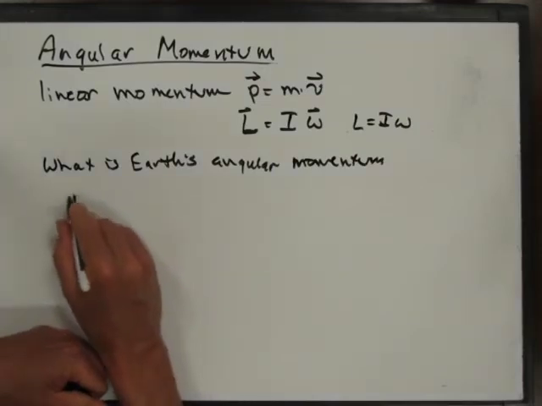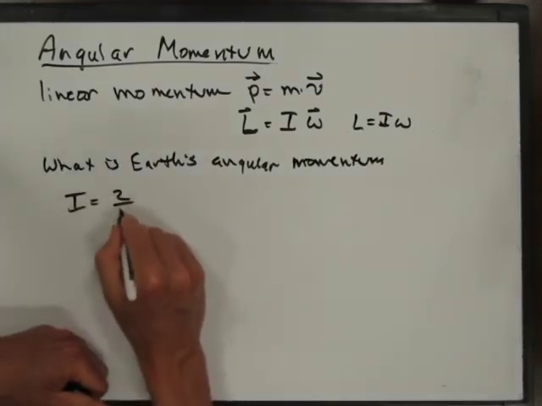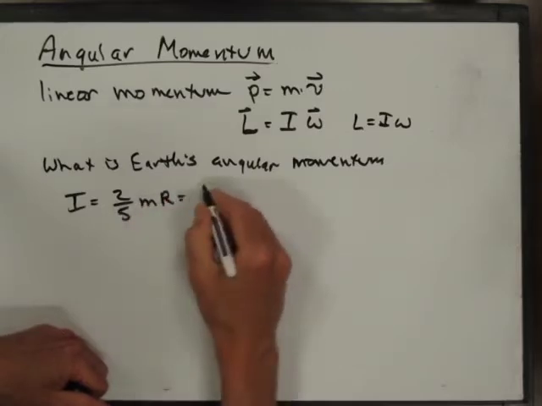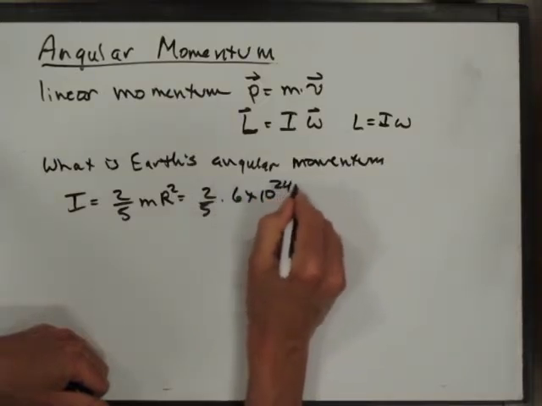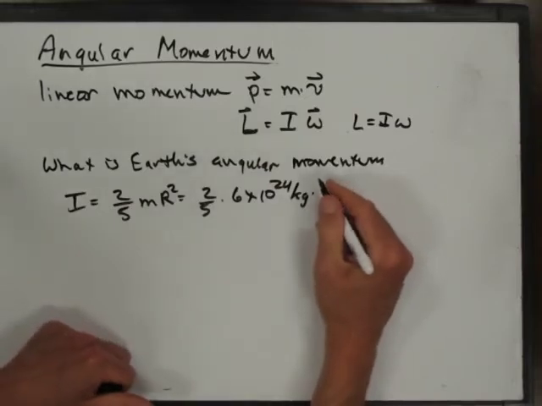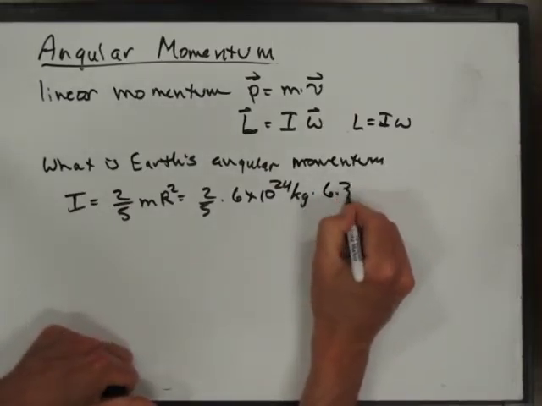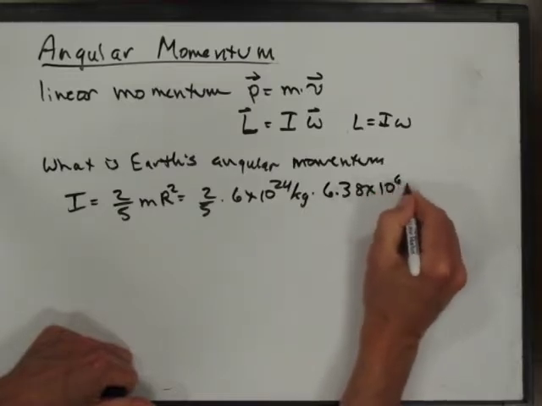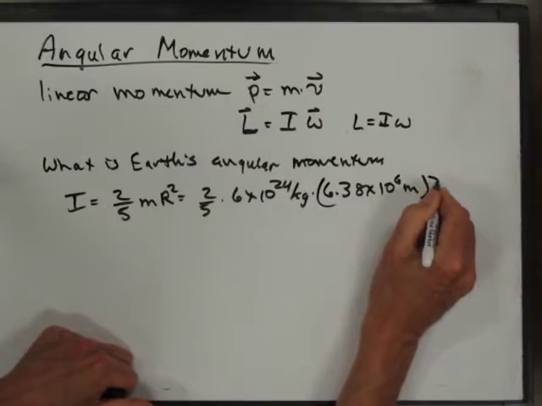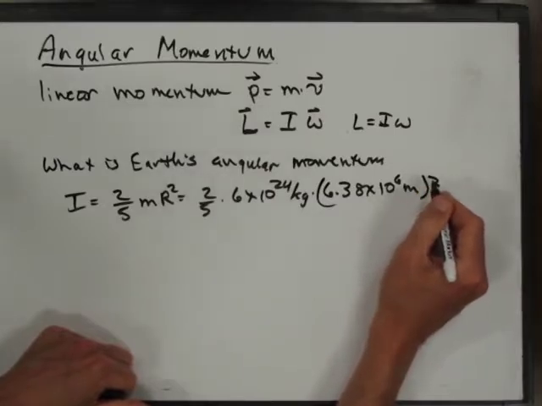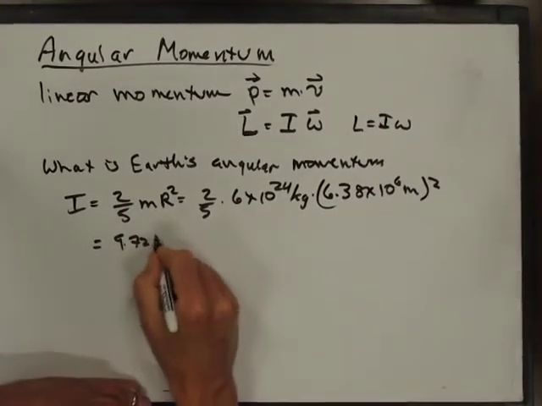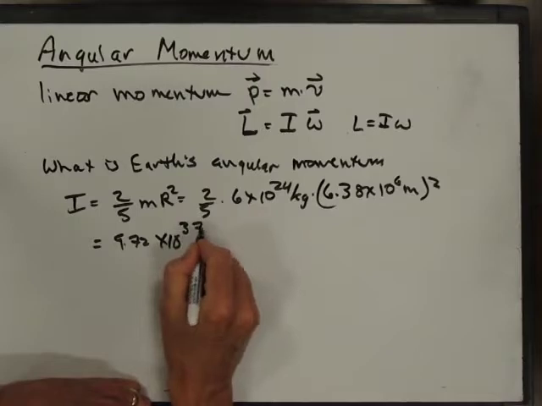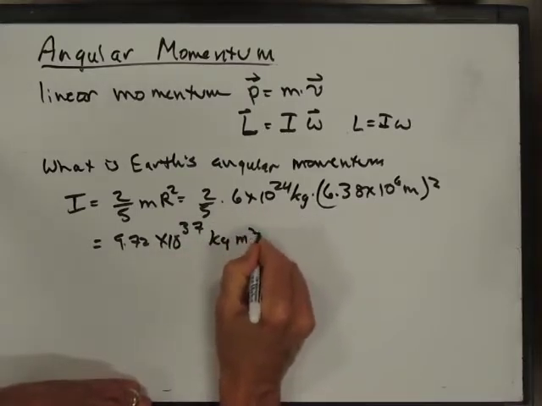If we assume the Earth is a solid sphere, then its rotational inertia is just 2/5 mr squared, which is 2/5 times 6 times 10 to the 24th kilograms, because that's the mass of the Earth, times 6.38 times 10 to the 6th meters squared, which gives us 9.72 times 10 to the 37th kilogram meter squared.